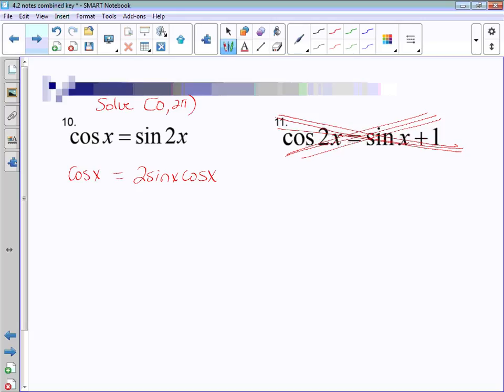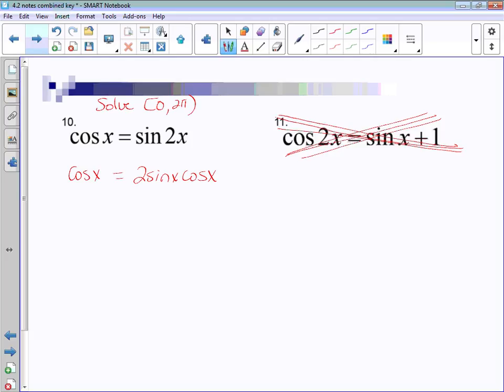Okay, this step is one, yes? For your quiz on Friday, I will give you the double angle formula. It still looks different than the other ones we've done. So I'm going to bring that 2 sine cosine over to the other side.